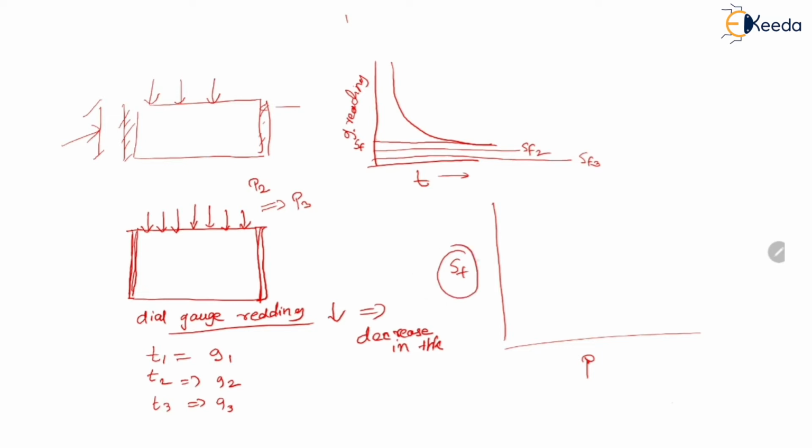This settlement can be expressed in terms of void ratio. We will be discussing this in detail. The consolidation test is also useful to understand the behavior of soil when it is loaded for the first time or when it is uncompressed, also when it is recompressed.